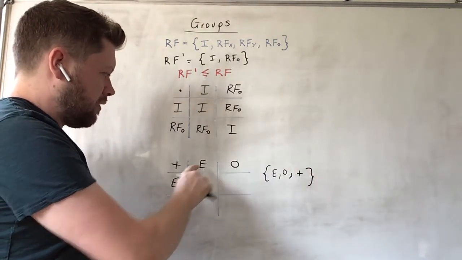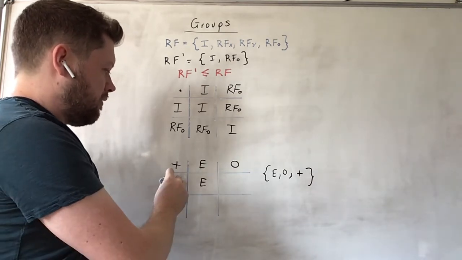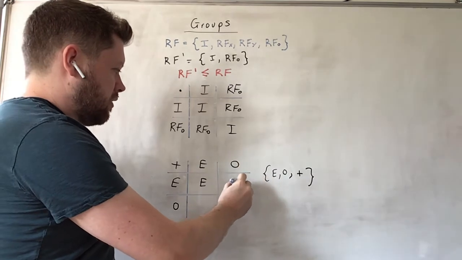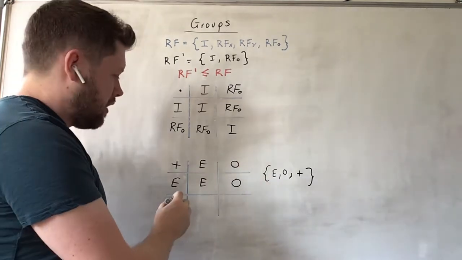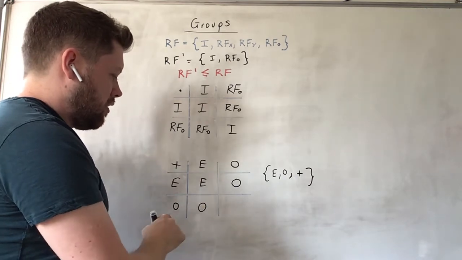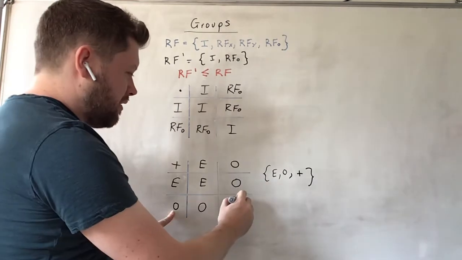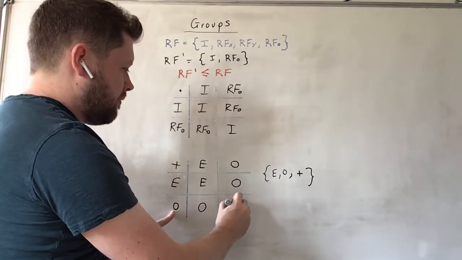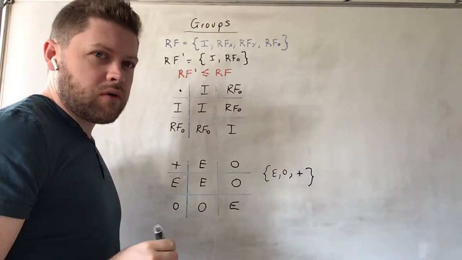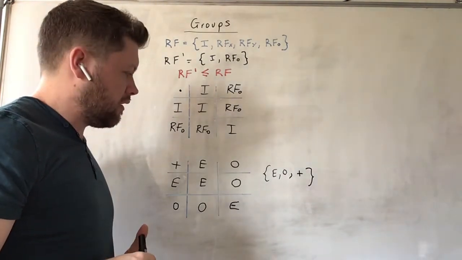An even number plus an even number will get you an even number. An even number plus an odd number will get you an odd number. An odd number plus an even number will get you an odd number. But this is the crucial part, because an odd number plus an odd number will give you an even number. So you can see this is also a closed set.